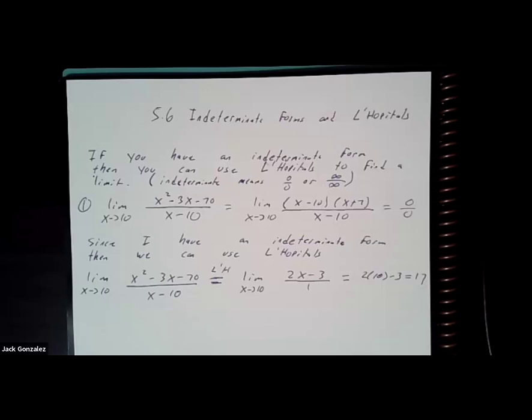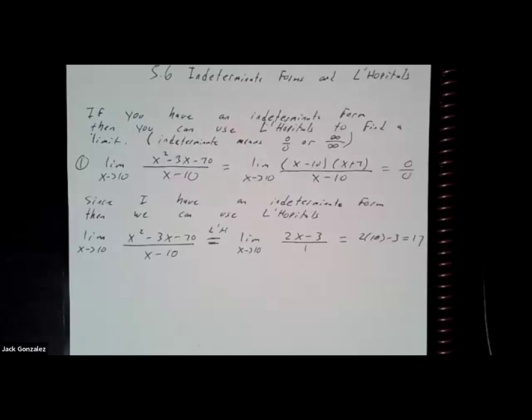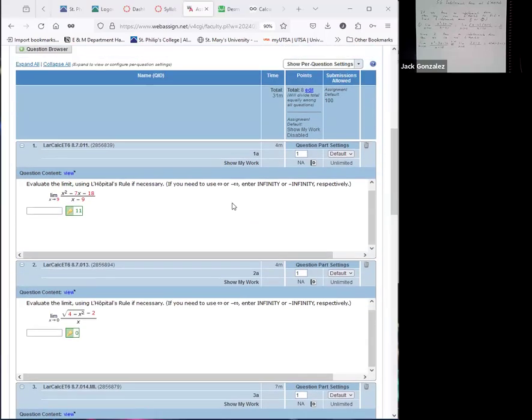Let's see here. Does anyone have any questions on that idea? You want to do one more? Does that make sense or no? The only change on the other questions, let me show you.